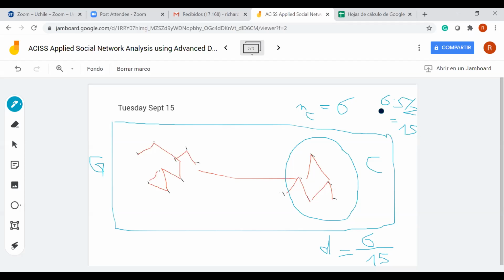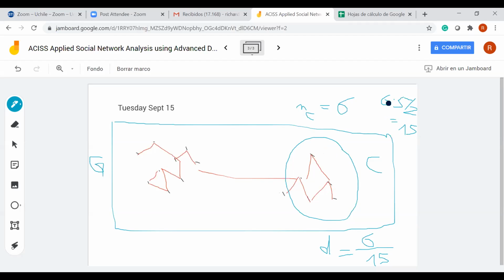Okay, so the general formula to determine the number of possible links is number of nodes, 6, times number of nodes minus 1, 5, divided by 2. 6 times 5 means each node with all other nodes.